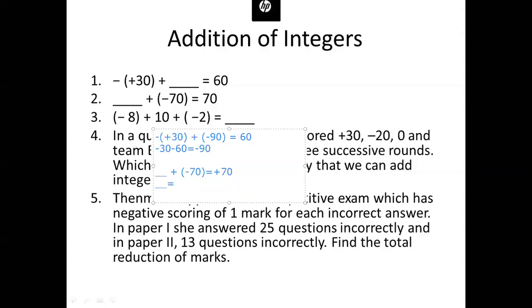Equal to, and I'm retaining the same 70 here, and I'm going to move this. What does minus 70 become if I move it here? It becomes plus 70. So the answer is 140, 70 plus 70. Because you were thorough with what plus into minus is, you were able to work this out quickly.